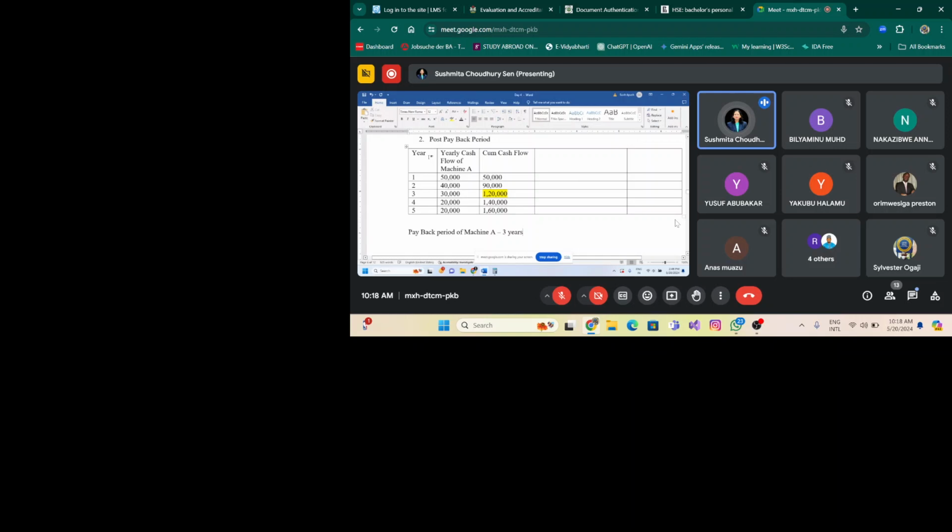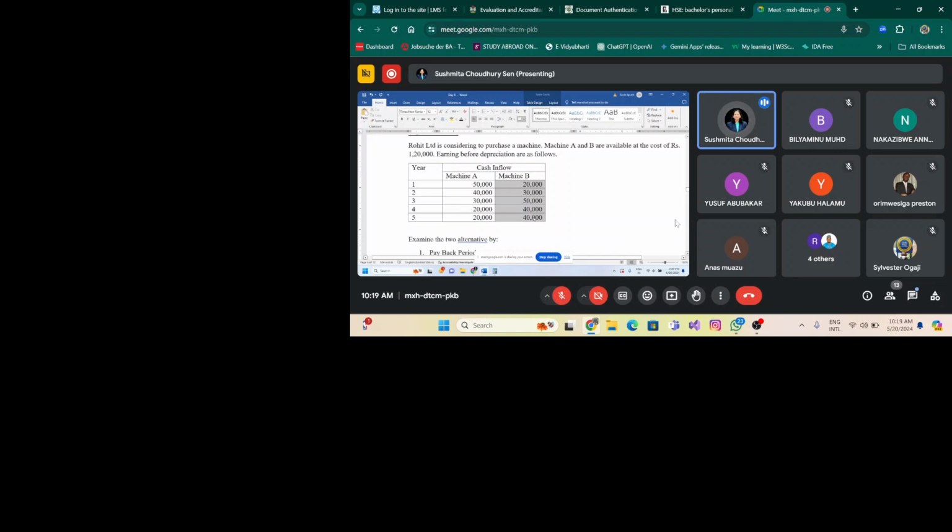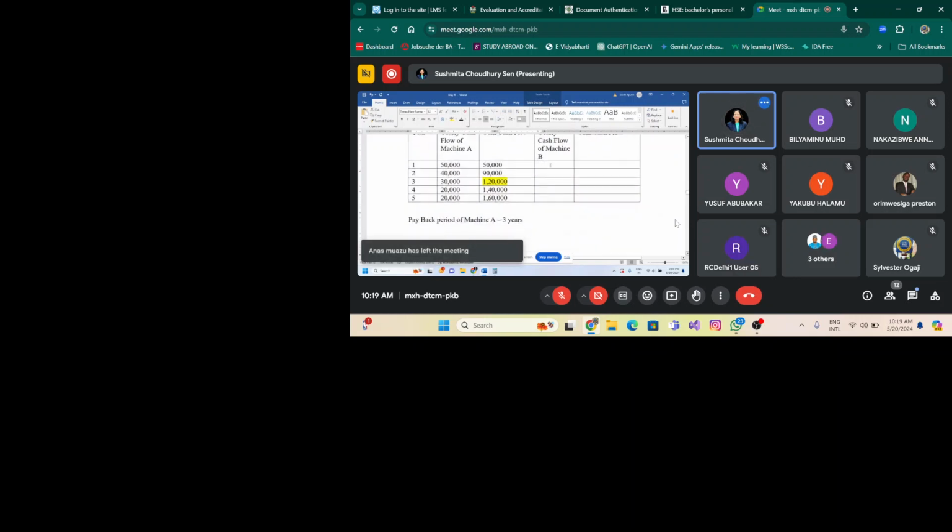Now I'll take machine B and see what the scenario is. I will also calculate the cumulative cash flow for machine B. Let's again take the values from here. In the first year the earning was 20,000.